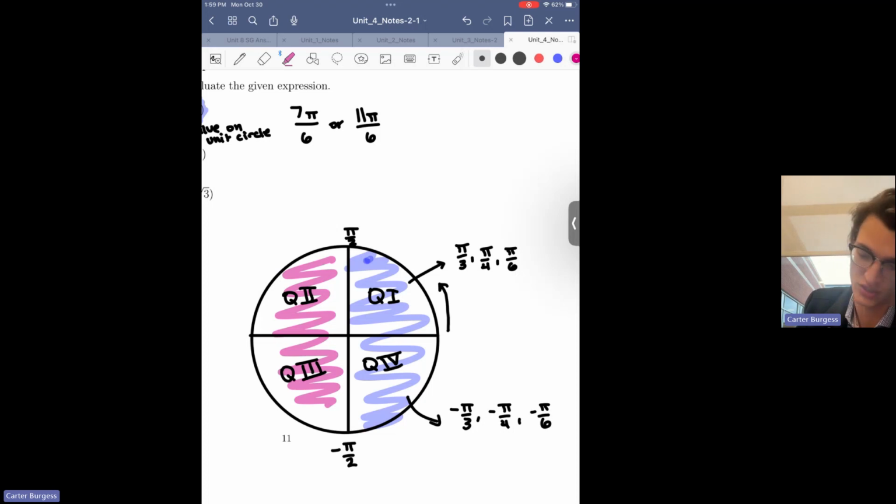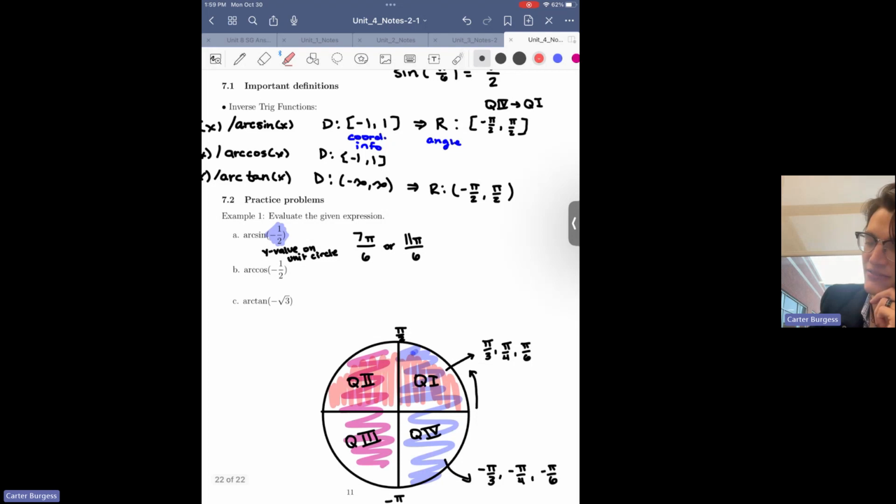Quadrants 1 and 2 is exactly what we are going to use here. This will be what we use for cosine. Now, is there anything wrong with using 3 and 4? Mathematically, no, there's nothing wrong with that. But we use 1 and 2 just by convention.